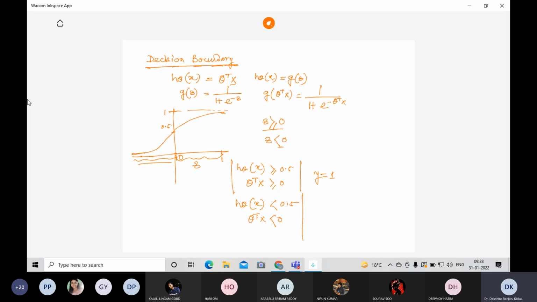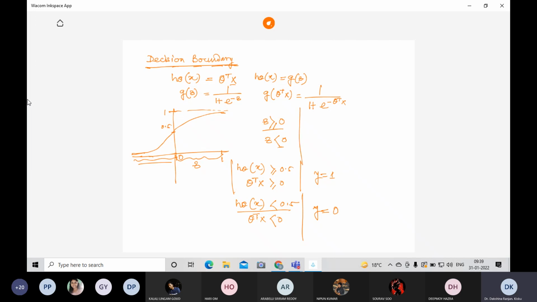And when theta transpose x is less than 0, we can say that h theta x is less than 0.5, and this infers the class label y equals 0.